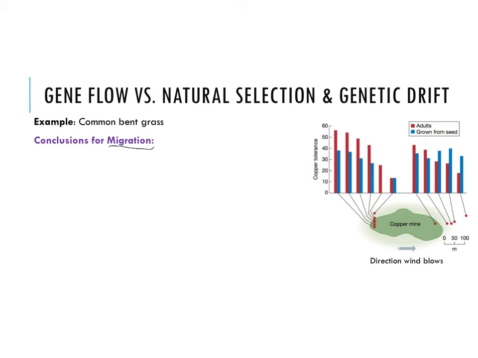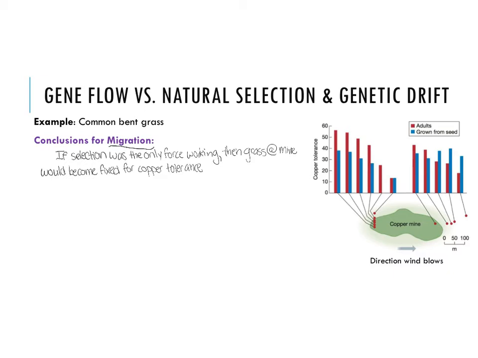So if selection was the only force working, then grass at the mine would become fixed for copper tolerance alleles.